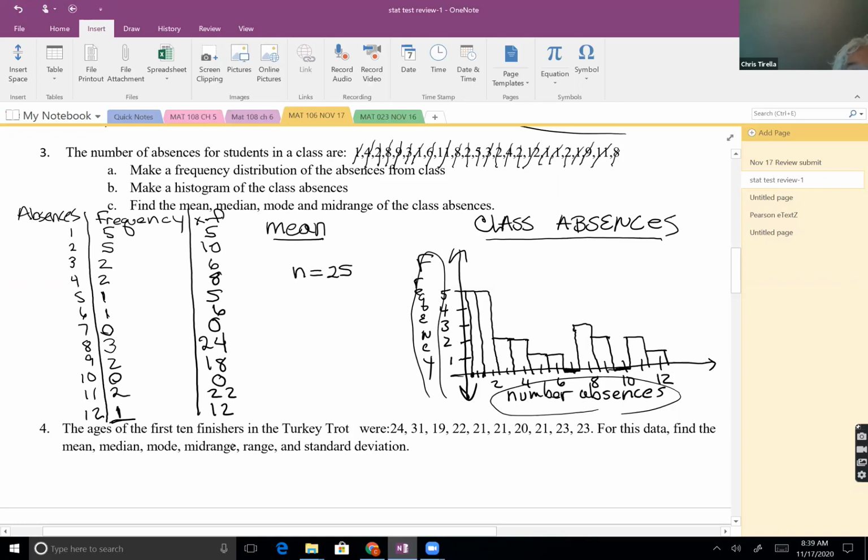And then 12. And now if I add all of those, I'm going to ask you guys to help me add. So when you add those, what do you get?